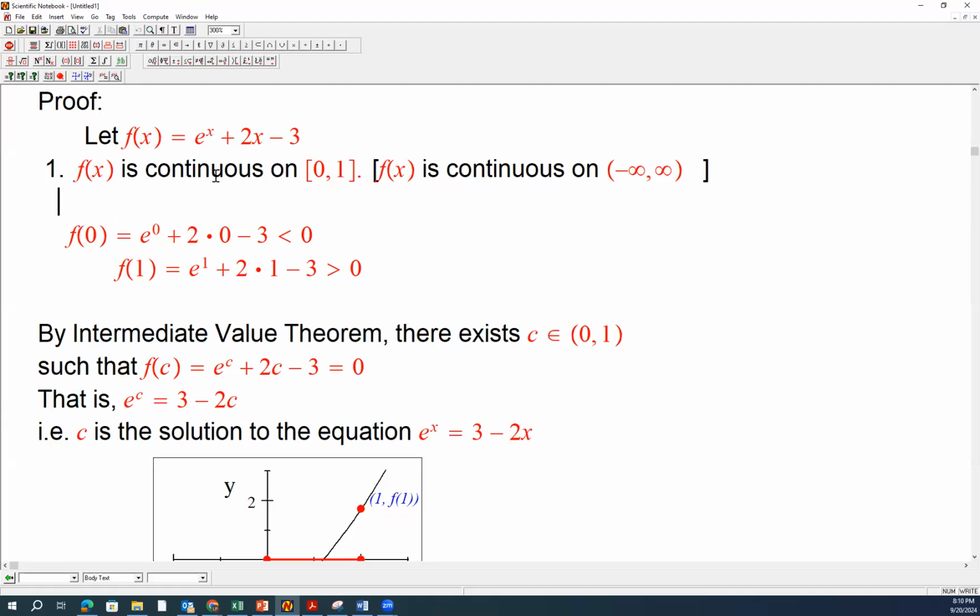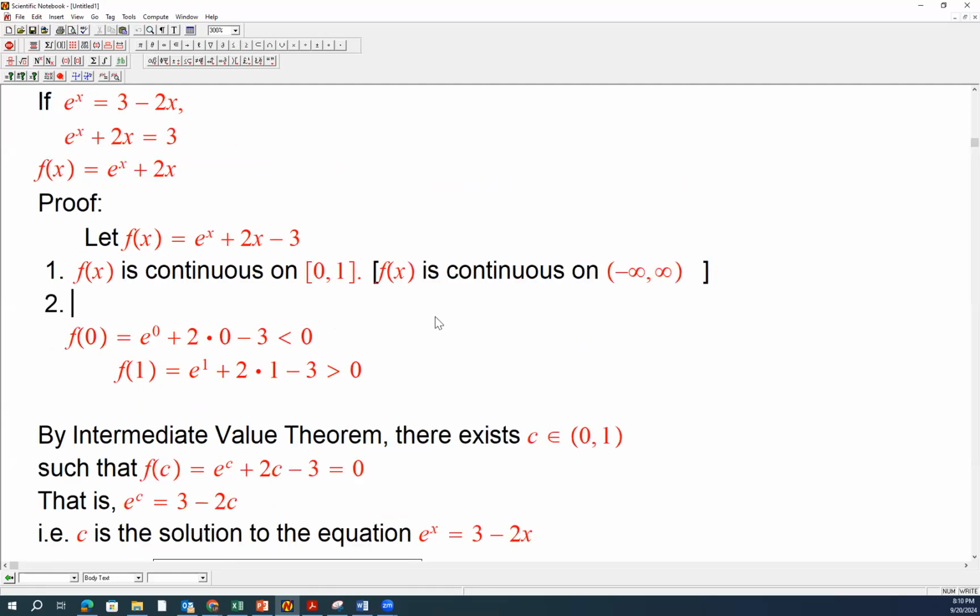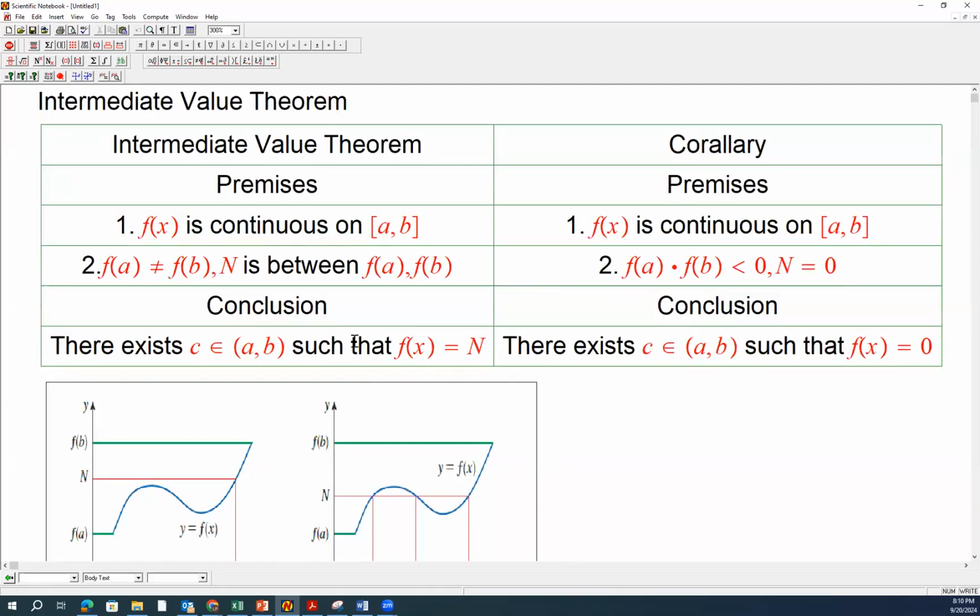Number two, we want to show that f of a and f of b are different, because the theorem requires it.